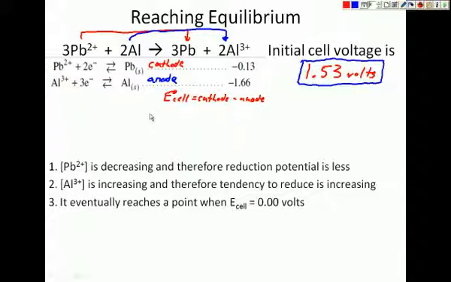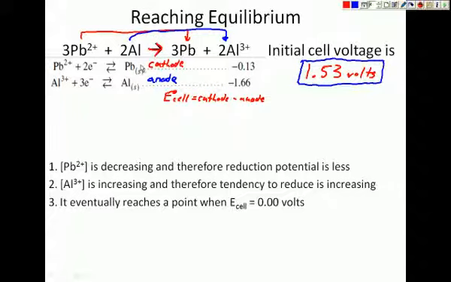Okay. Now, let's say we add everything into here, and the reaction starts to go, and the initial voltage of our cell is 1.53. Now, as the reaction starts to proceed, it is a one-way reaction.